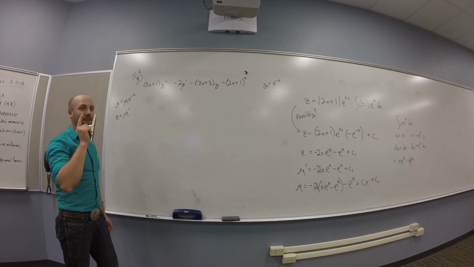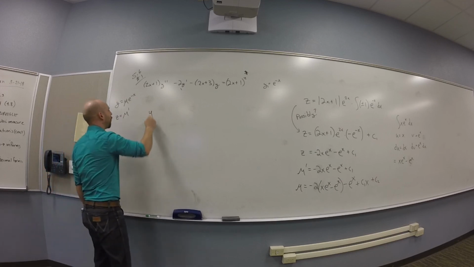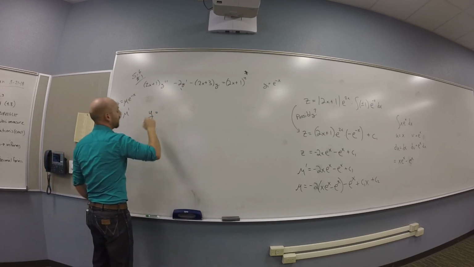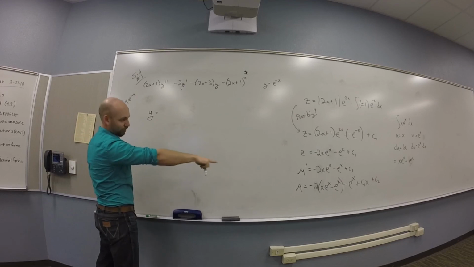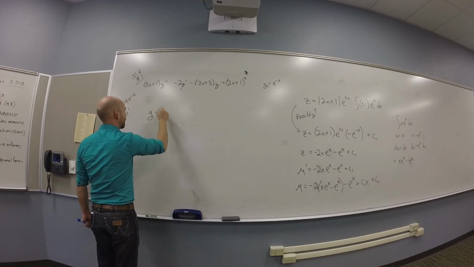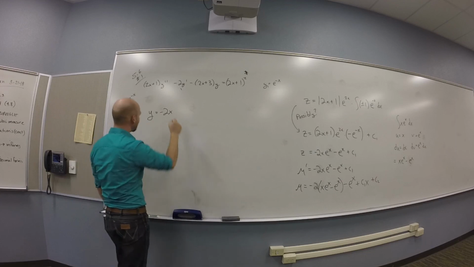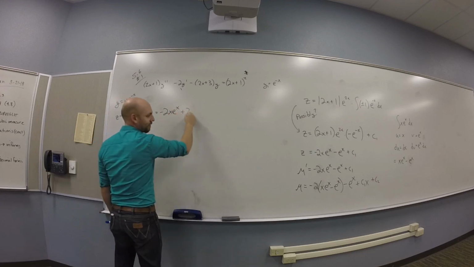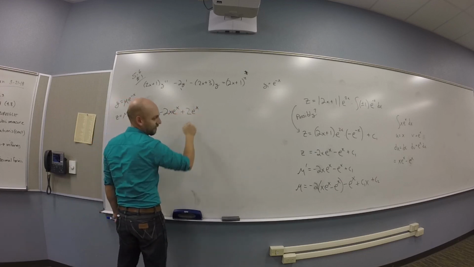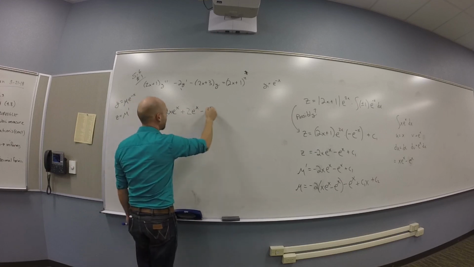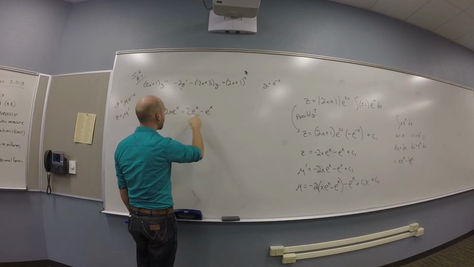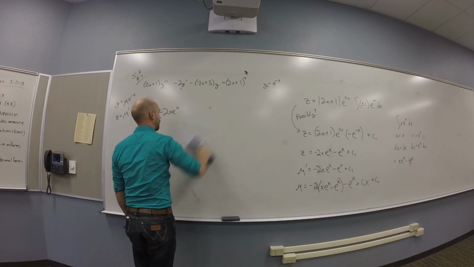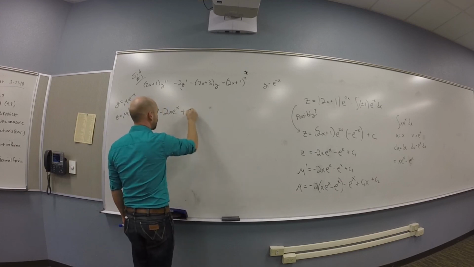At any rate, at the end, you get y is that whole pile of stuff, minus 2x e to the x plus 2 e to the x minus e to the x. Oh, cool, that would be a plus e to the x.